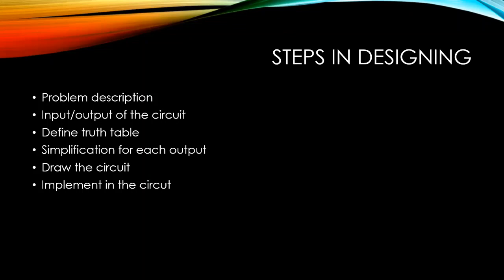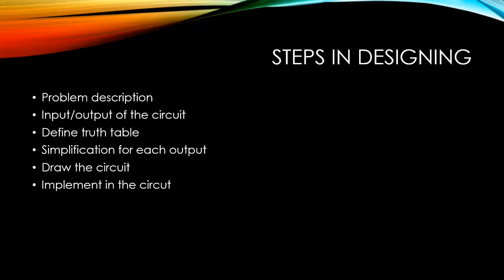And then the second step will be to determine the number of inputs of the circuit and the number of outputs. Then after determining the inputs, the outputs, and the behavior of the circuit, now we could define the truth table. So after defining the truth table, we could define the Boolean equation of the circuit.